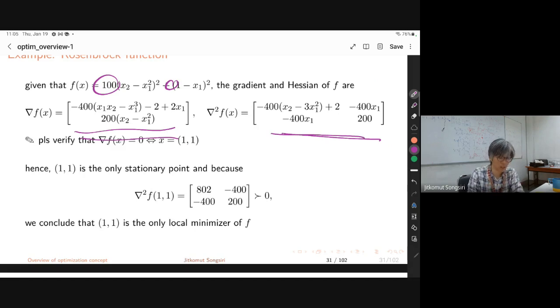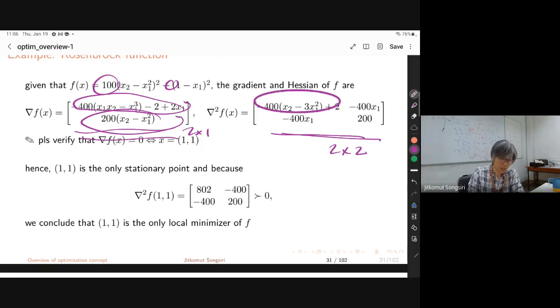The gradient is 2 by 1. The Hessian is 2 by 2. This is del f by del x1, del f by del x2. Take the gradient with respect to x1, then take the first component of the gradient with respect to x2. The Hessian has to be symmetric. If these entries are not the same, you took the derivative incorrectly. Okay?